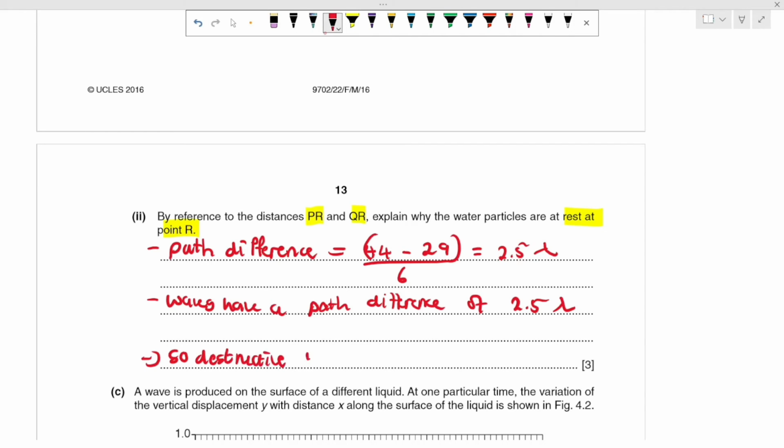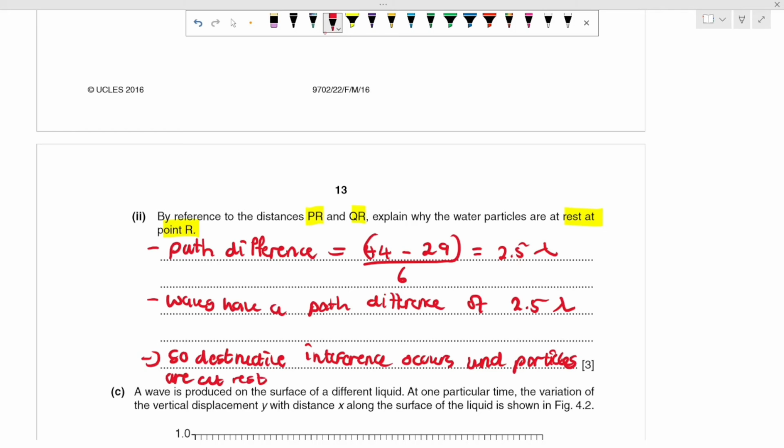Destructive interference occurs and your particles would be at rest. So that's essentially what you have to think about.